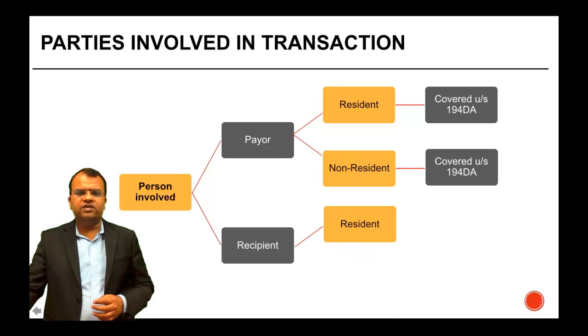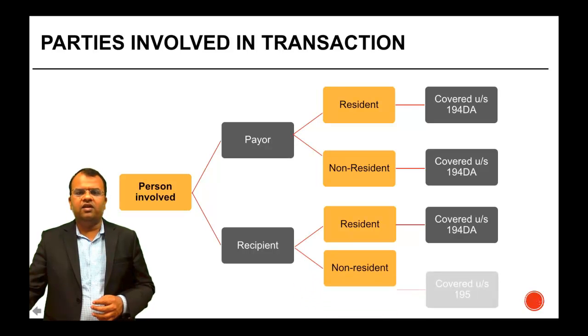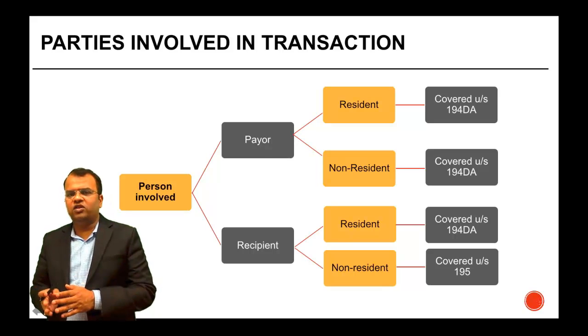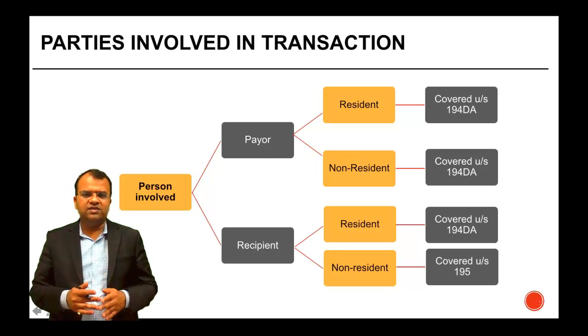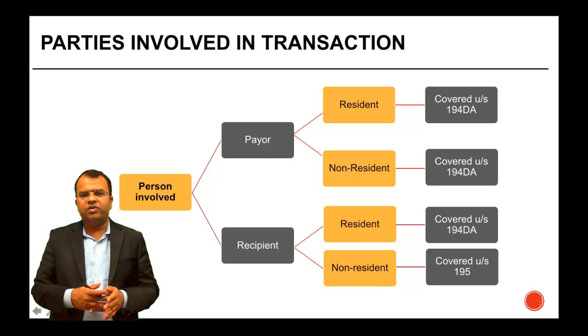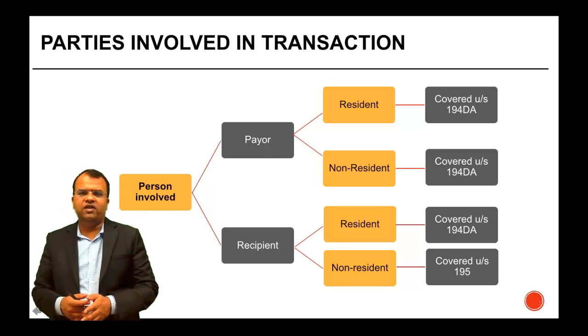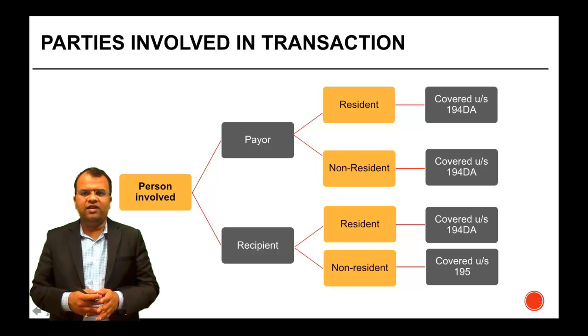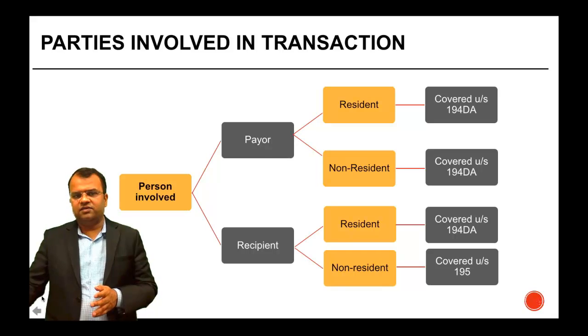When we talk about the recipient, if it's a resident, it's covered under section 194DA, but if it is a non-resident, then he's covered under section 195. What this means is that instead of applying the rate given under section 194DA, the tax deduction has to happen under section 195, where the person who is receiving the payment, which is of the nature covered under section 194DA, is a non-resident.